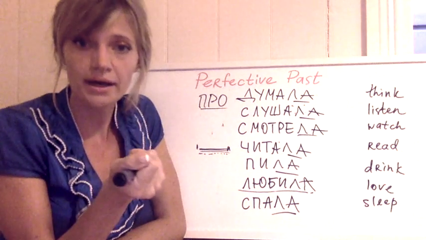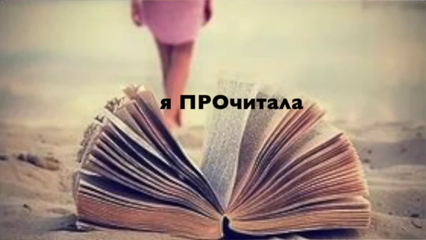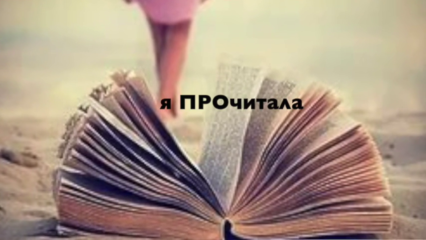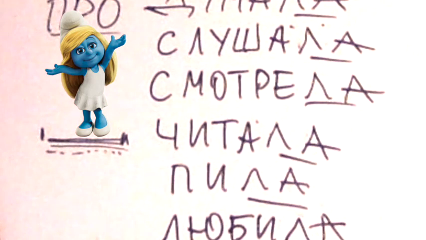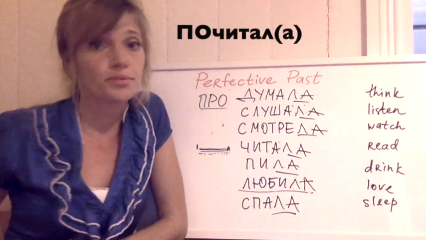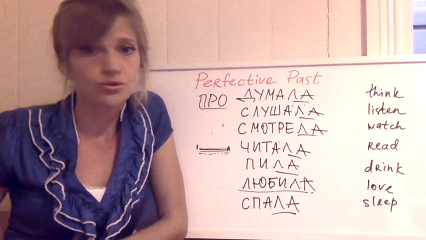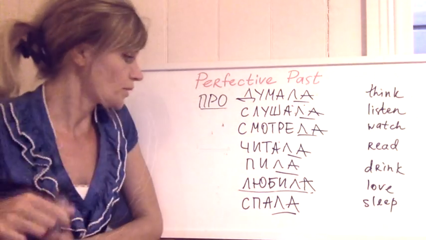This is your book, and not just почитала, я прочитала. It means I read this book from the beginning till the end. If you don't want to be specific, you can just say я почитала, and you don't know if you read only one page or 2 pages or the whole book.